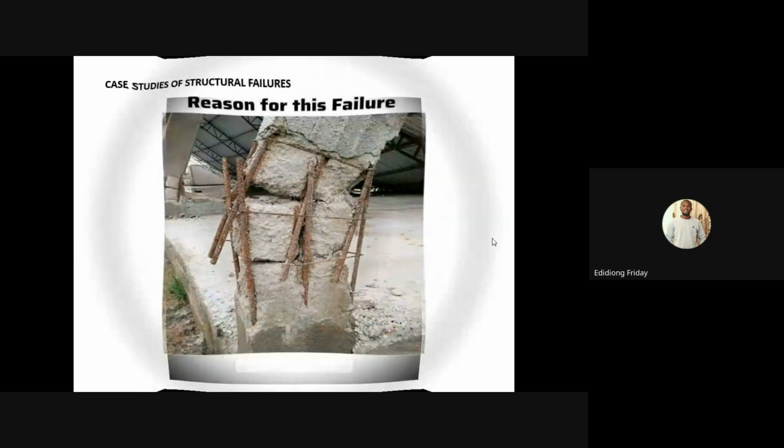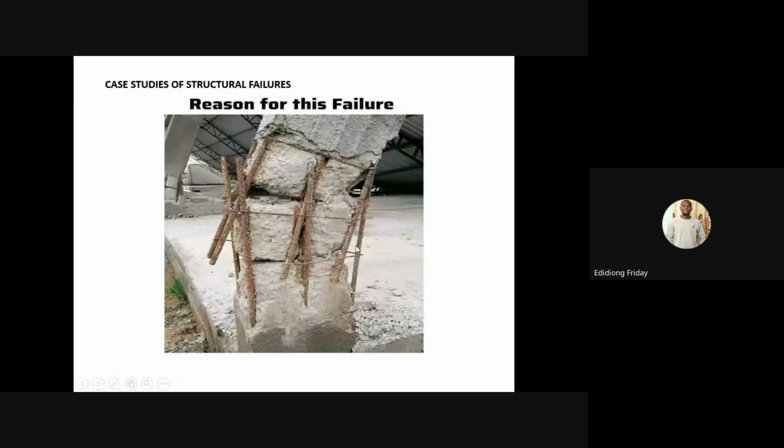Okay, so this is a failure. As you can see, the building has actually collapsed. The building has given way, and that is as a result of poor or inadequate lap or development length. Now, this is very important. Most of the time, this is taken for granted.